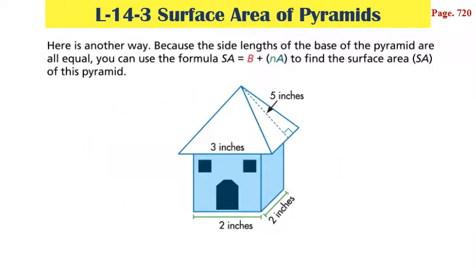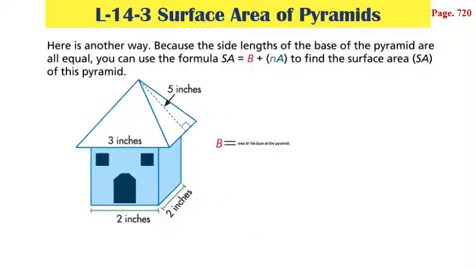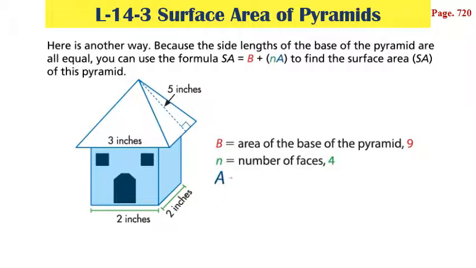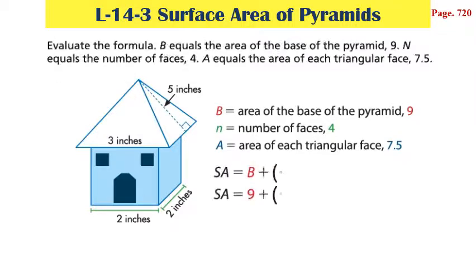Here is another way. Because the side lengths of the base of the pyramid are all equal, you can use the formula SA equals B plus, open parenthesis, N times A, close parenthesis, to find the surface area, SA, of this pyramid. Evaluate the formula.